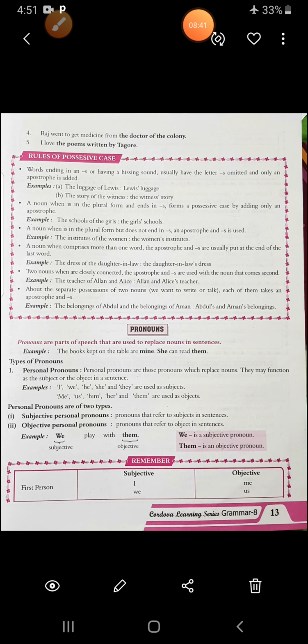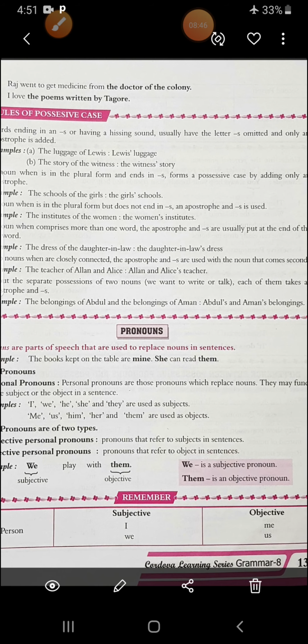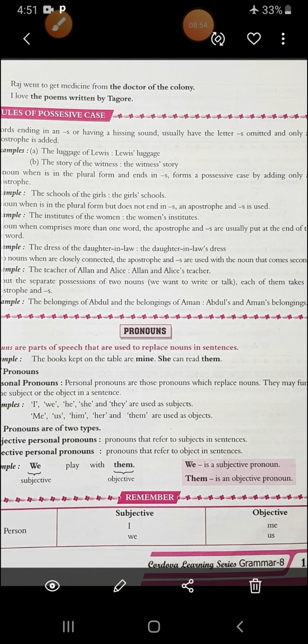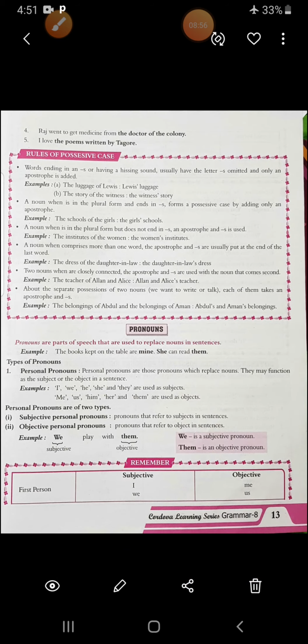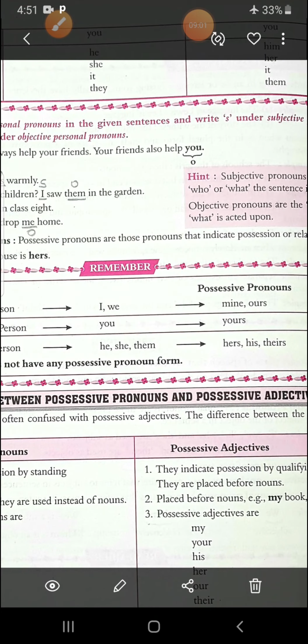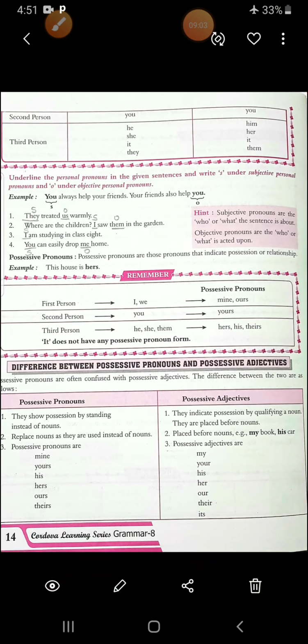That chart that I've shown you is given here also in your book. For first person as subject, when we use I, the object will be me, and when we use we, the object will be us. Then for second person it remains the same, it remains you and you for singular and plural.